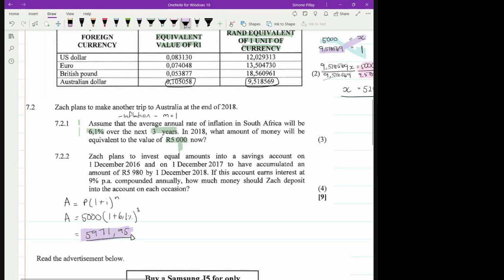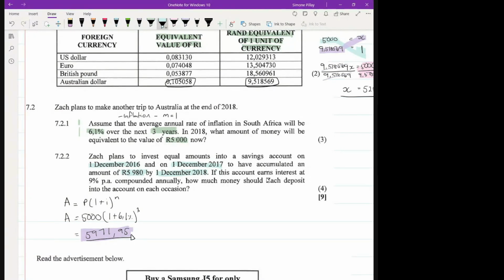Let's read now 7.2.2. They have said Zach plans to invest equal amounts into a savings account on 1 December 2016 and 1 December 2017, so 1 year after each other, to have accumulated an amount of 5,980 Rand on the 1st of December 2018.